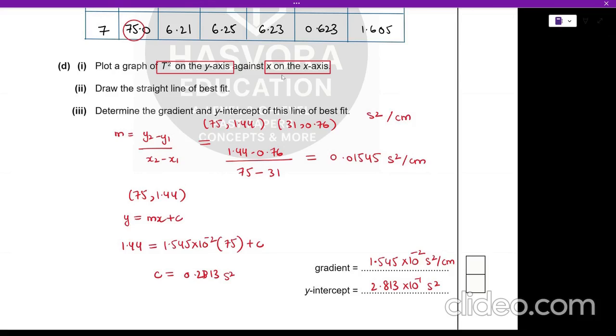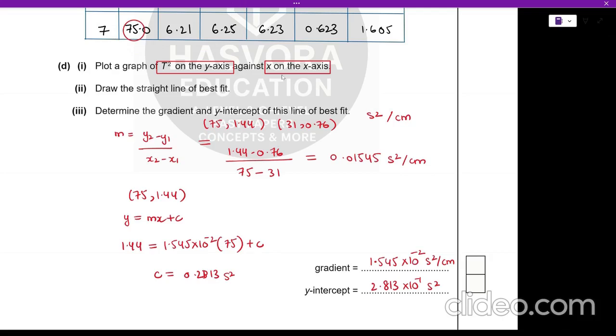As the y-axis was t squared, its units were seconds squared, and the x-axis was in centimeters, so the units of the gradient were s squared over centimeter. I recorded my gradient to 4 significant figures: 1.4545 × 10^-2 s²/cm.